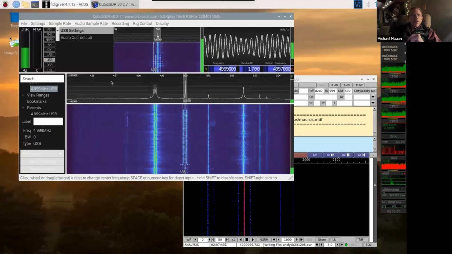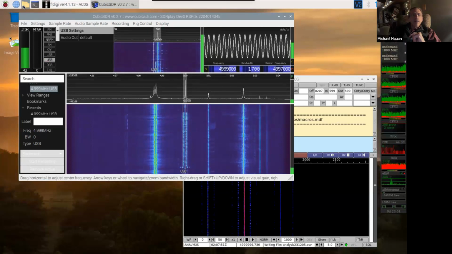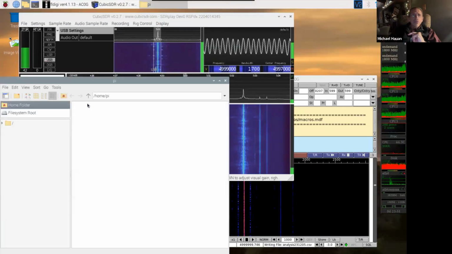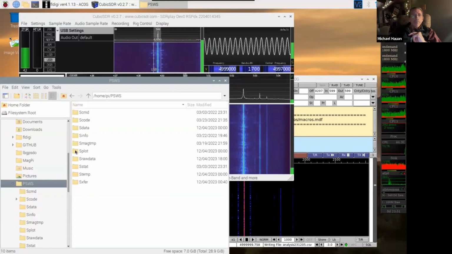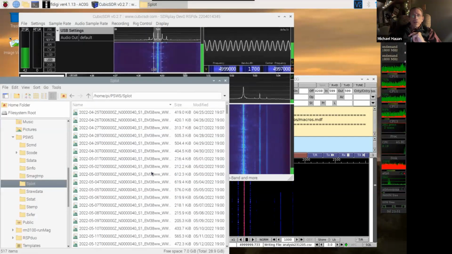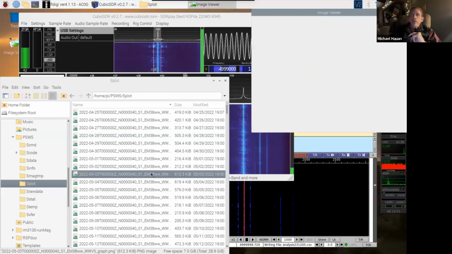And a typical plot that I get out of this, which is regularly uploaded to the repository, looks like this.